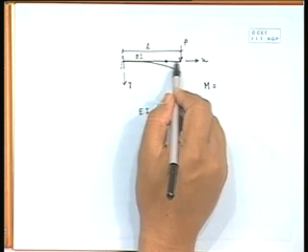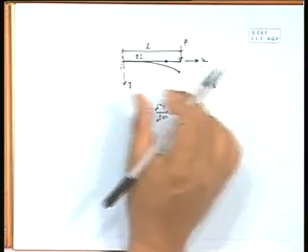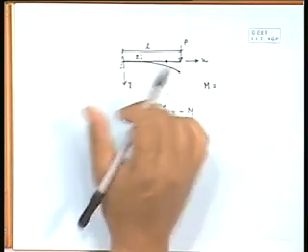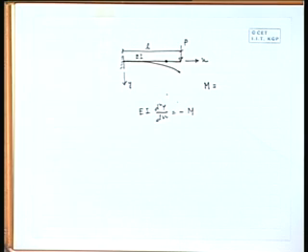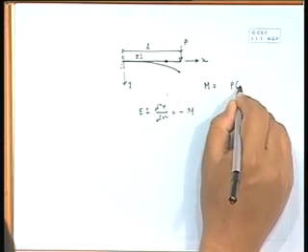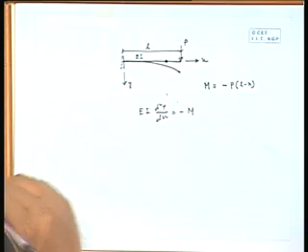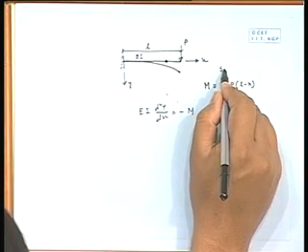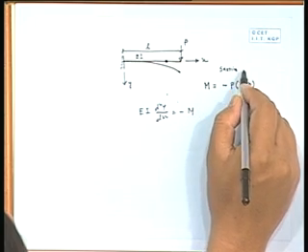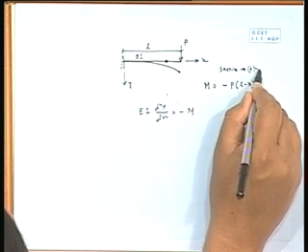If it is x, this part will be L minus x, the total length being L. So, P into L minus x, and P L minus x will be your hogging moment, and the sagging moment will be minus of that, if sagging is considered to be positive.